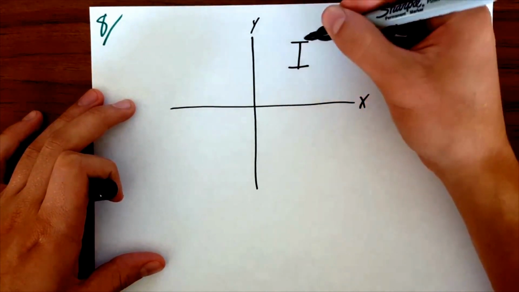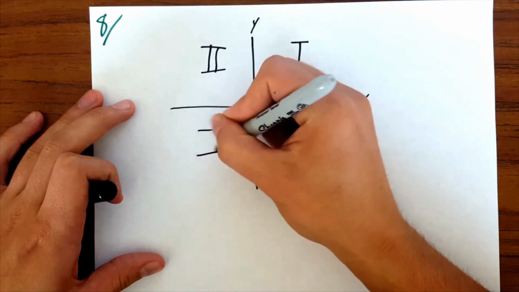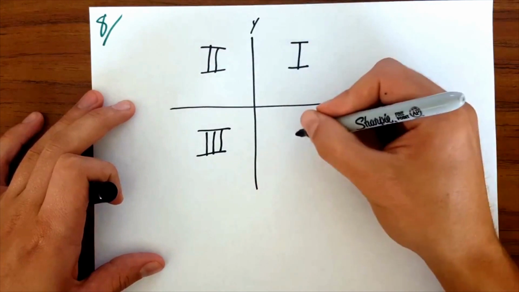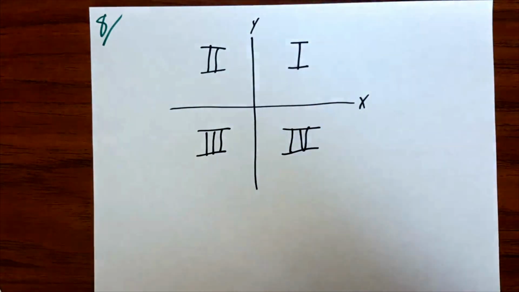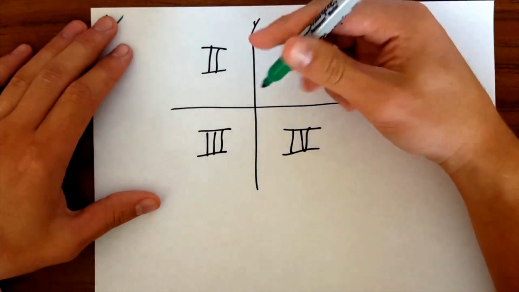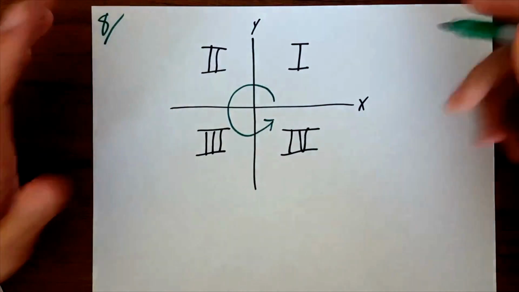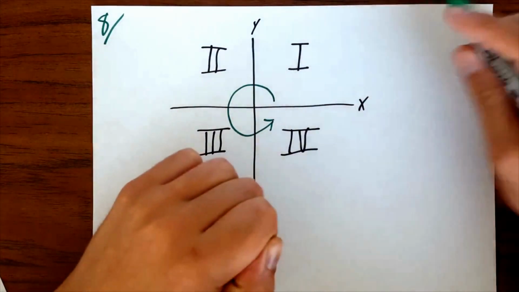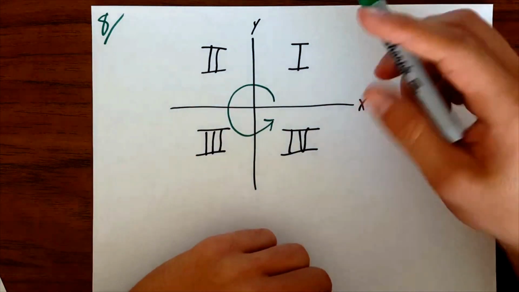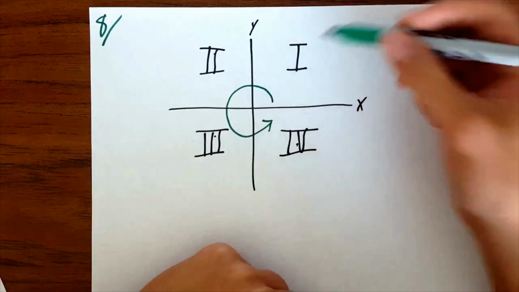This is section 1, this is section 2, this is section 3, this is section 4. I don't quite know the reason behind it. I guess from angles maybe, but it basically goes around in this direction, counterclockwise. You just have to kind of memorize that. Now what it says is line L contains points here and here and here, but none that are here.